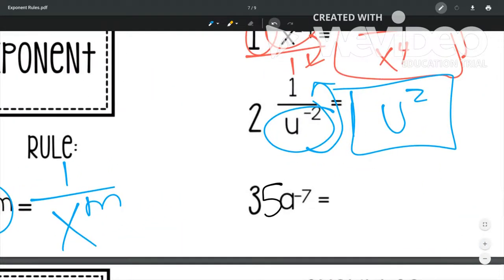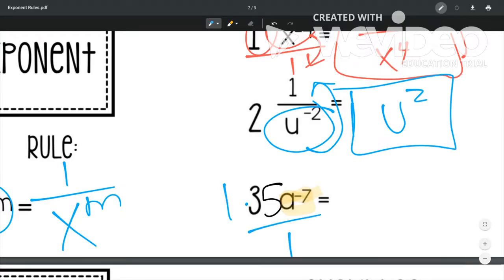Now, here is where they are going to try to mess with you. They're going to try to make you think that this exponent right here applies to all of them. But it doesn't. It's only applying to this a right here. That exponent of negative 7 is with the a. Now, this is not a fraction, so make it one to begin with.